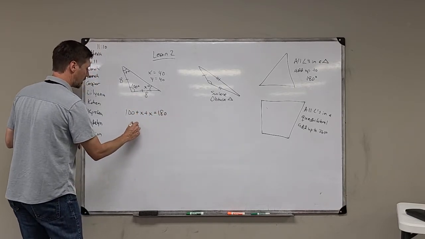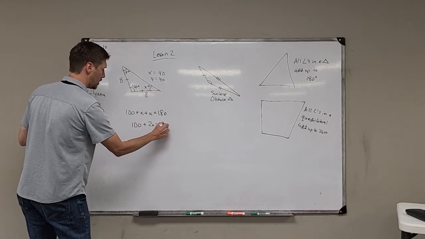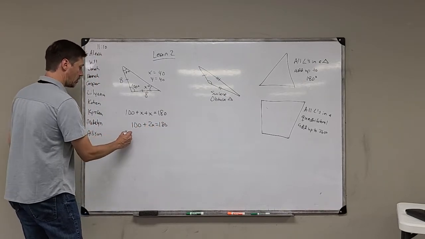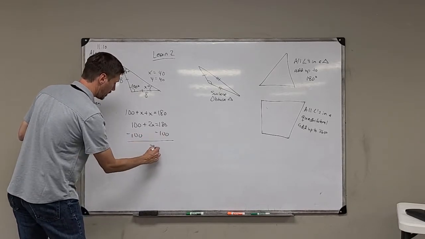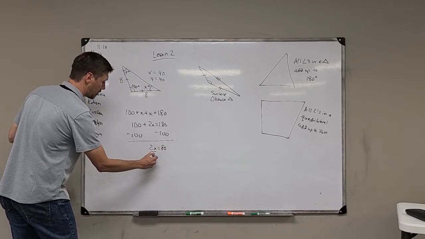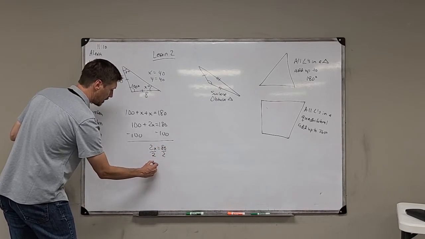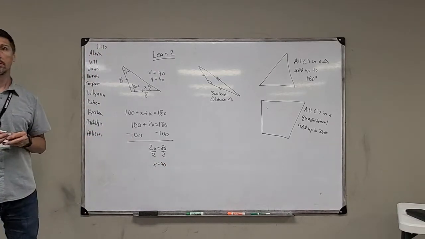And so that means when I combine like terms, 100 plus 2x equals 180. When I subtract the 100 from both sides, I get that 2x equals 80. And then I want to get the x all by itself, so I'm going to divide both sides by 2, and I'm going to say x equals 40. So I get the same answer, right?